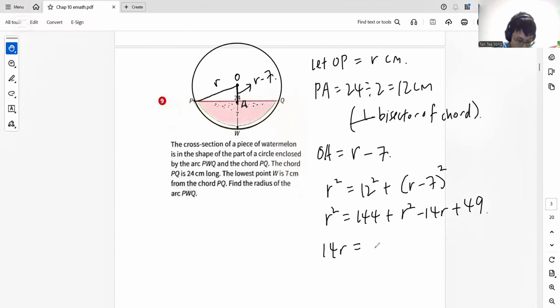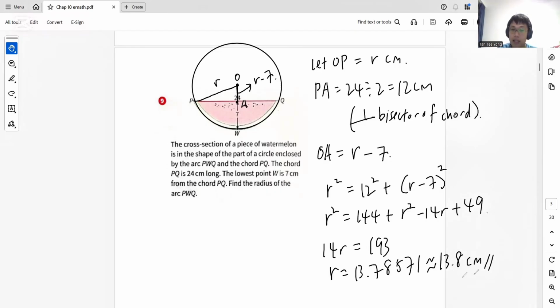Give me a minute. So that will be 193. And R is equals to 193 divided by 14, which is 13.78571. Round off 3SF, 13.8 cm. 3SF. All right, so this is it for question 9.